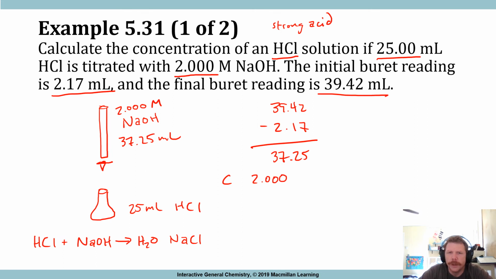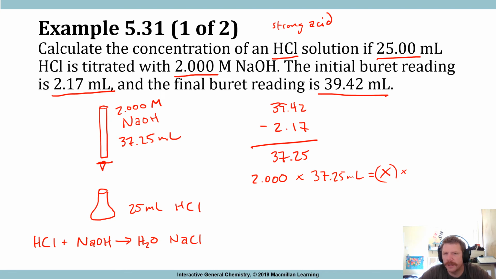Now, we're going to take our concentration of our NaOH solution, 0.2000, and multiply that by our volume of our sodium hydroxide solution, which is 37.25 milliliters. We're going to set that equal to the concentration of our HCl solution, which we're going to put in as X, in parentheses.